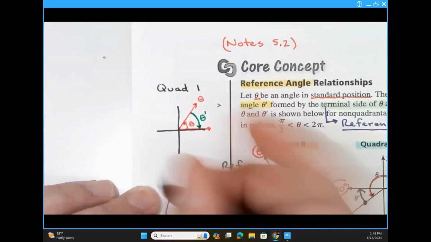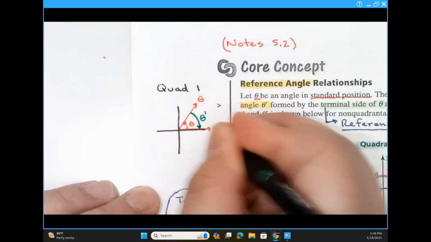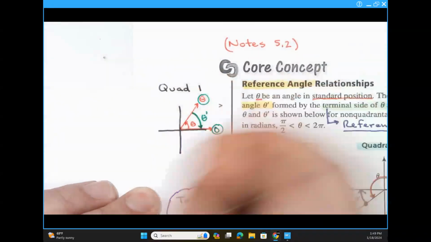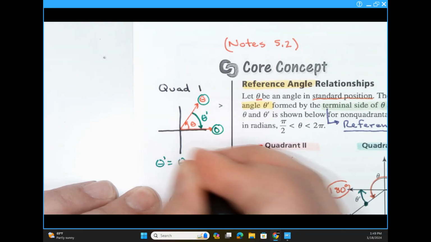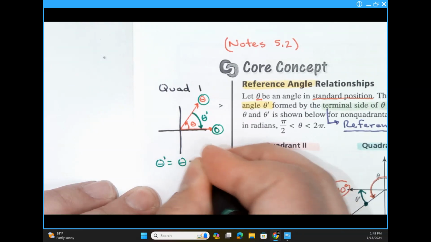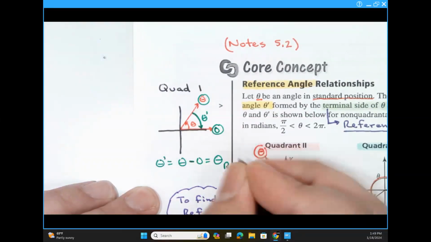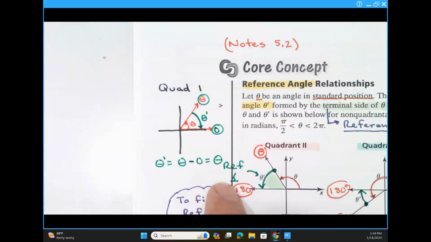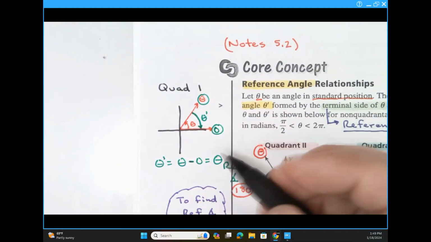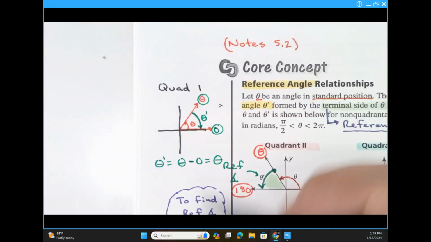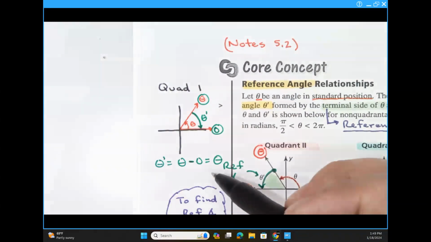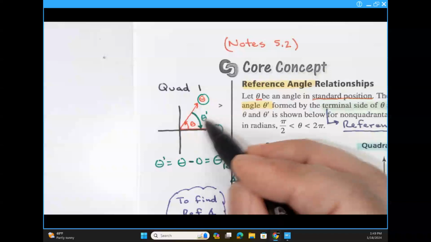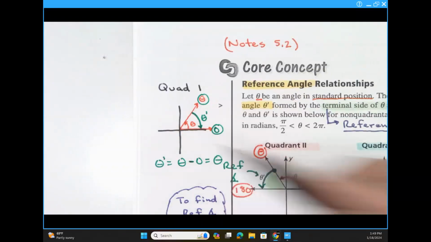So again, look, I would be using 0 if you want to think of it that way. So theta prime would be theta minus 0, which is just theta. So that's why they didn't put it in the note, because if you understand that a reference angle has to be less than 90, and anything in quadrant 1 is less than 90 anyways, then you don't need to do any math. Your reference angle is the angle you drew.